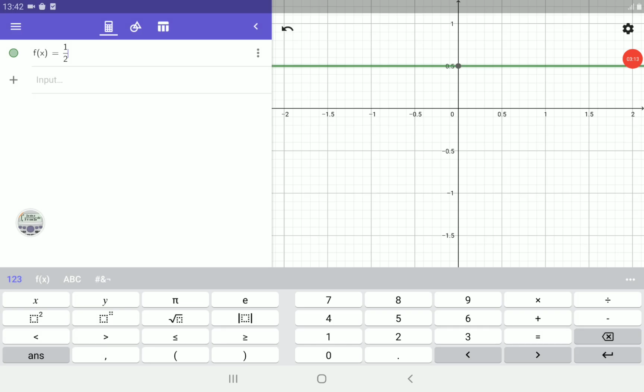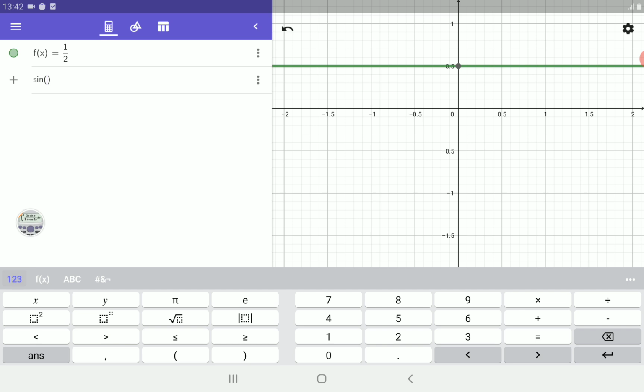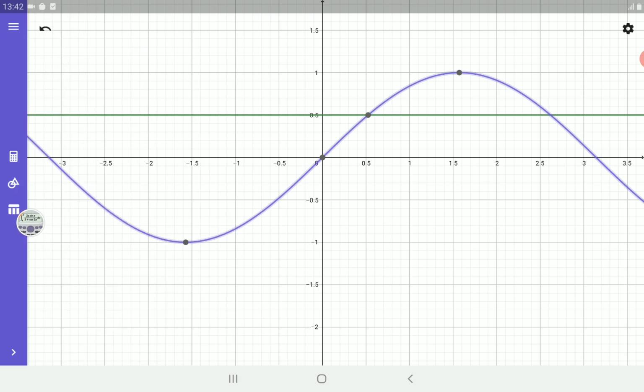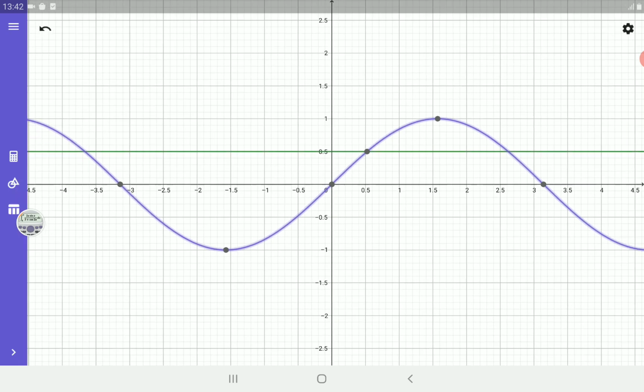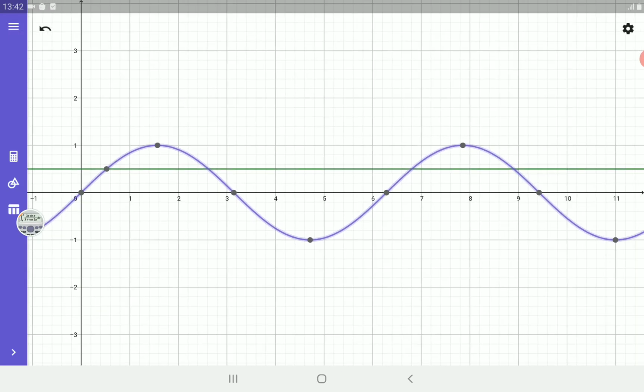Alright, so here we are. Here I have the graph of y equals 1/2. Now I'm going to plot the graph of y equals sine x. Let's put this on full screen. Now we can see that we're going to have lots of these points where the two are intersecting.